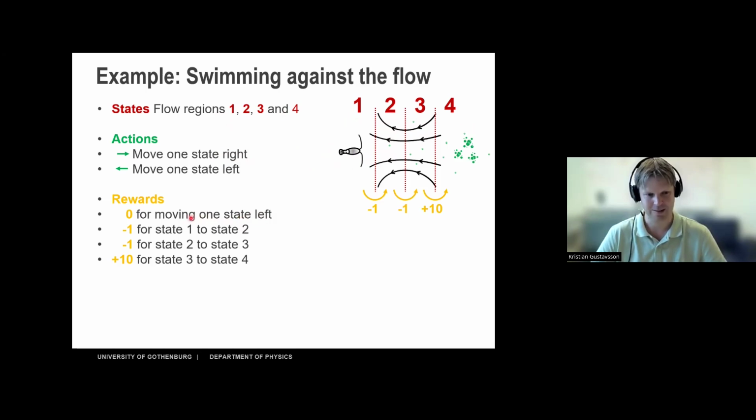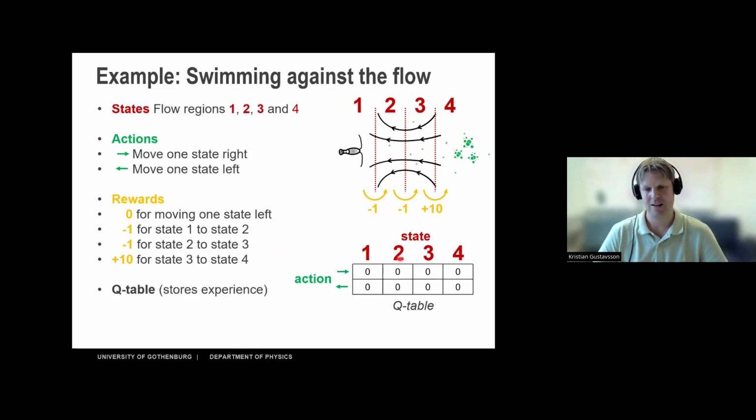If it moves to the left, that's 0 reward, so it just follows the flow to the left. It doesn't need to spend any energy. If it moves to the right one state, from 1 to 2 or from 2 to 3, we get a -1 reward. That's a penalty because it needs to spend energy to swim against the flow. And then we add a high bonus if it moves to state 4, where all the nutrients are.